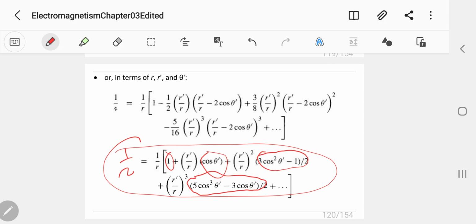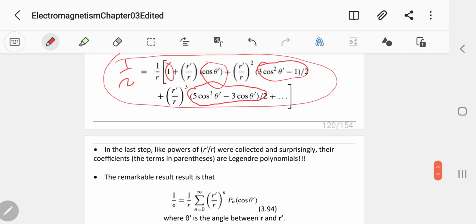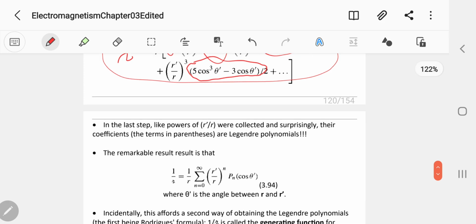These are just the Legendre polynomials. And you can actually rewrite 1 over script r into this form with the Legendre polynomials here.